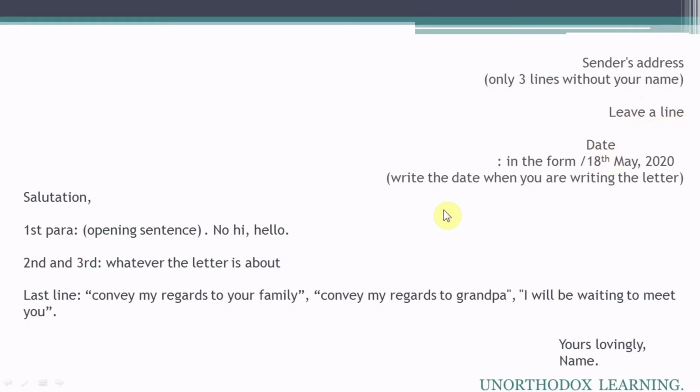Then what will you do? Then you will leave a line to make it clear, and just below the sender's address you will write the date. You will write the date in the format which I have written. You will not write the date like 18th May as 18, then a hyphen or a slash, then the number of the month, 05, and again a slash.